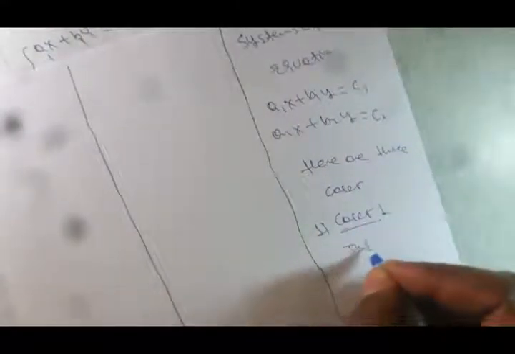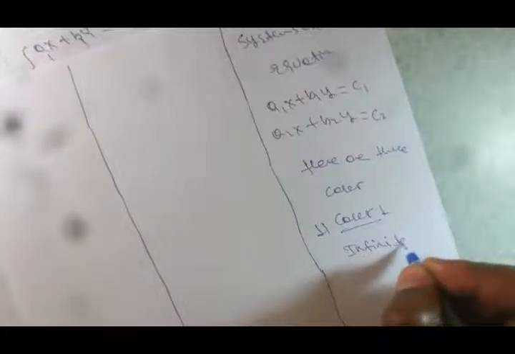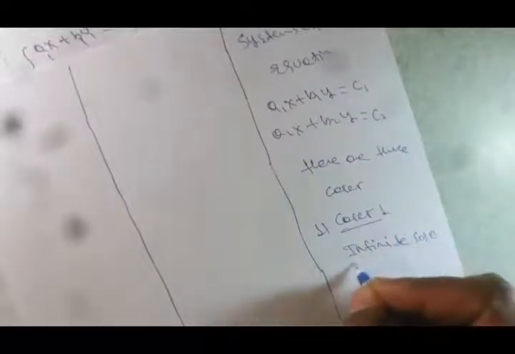The first one is case 1, infinite solution. The system of equations has infinite solutions if a1 over a2 equals b1 over b2 equals c1 over c2. Case 2 is one solution.